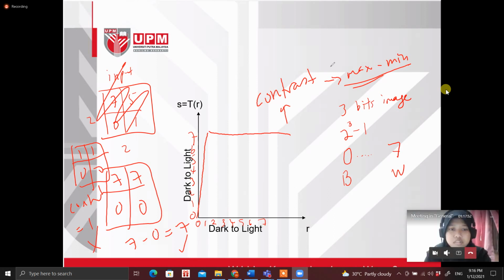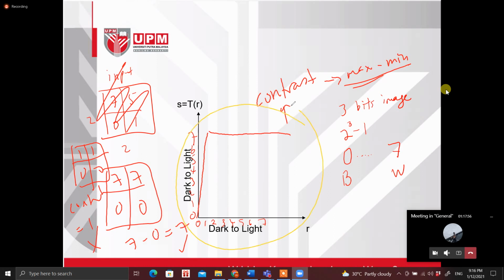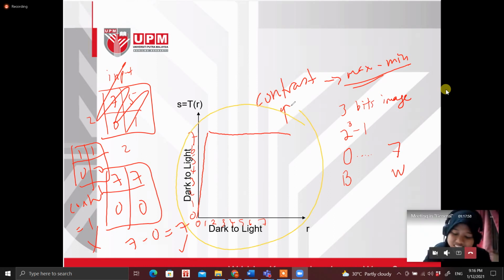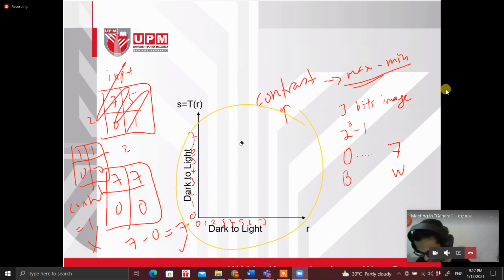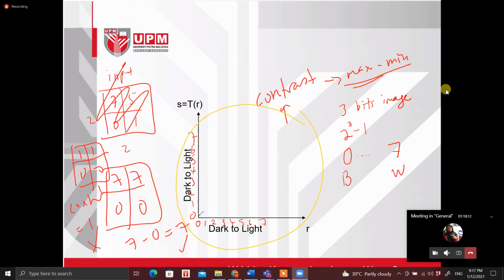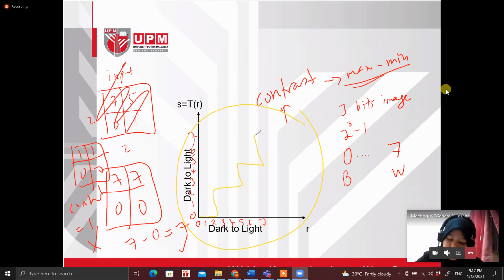When I say function, I'm referring to here. What is the best function in here? It could be this simple graph, or something like exponential, reverse exponential, or a step function like I mentioned just now, or something like this.